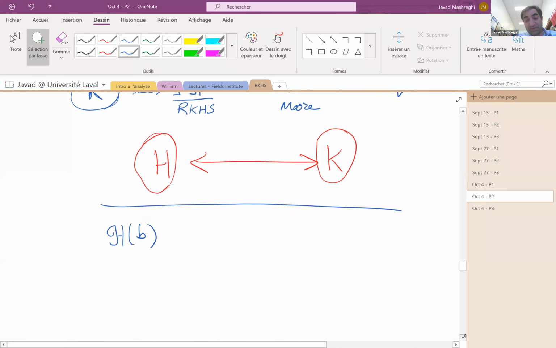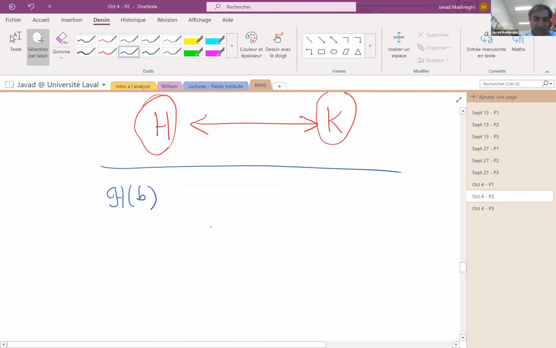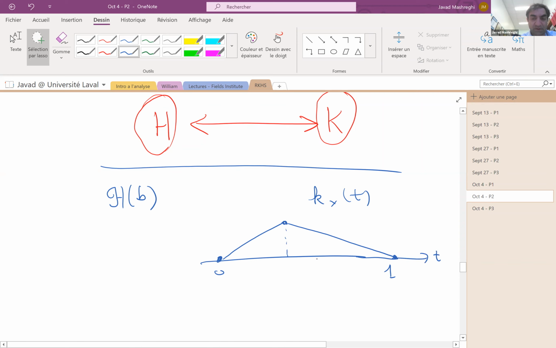You mentioned Sobolev spaces. It's a very good example. If you look at the kernel, for example, in the first space that we considered, the kernel K_x(t) on [0,1] was like this. It was a linear line here and another line there, with different slopes. So yeah, I agree with you.